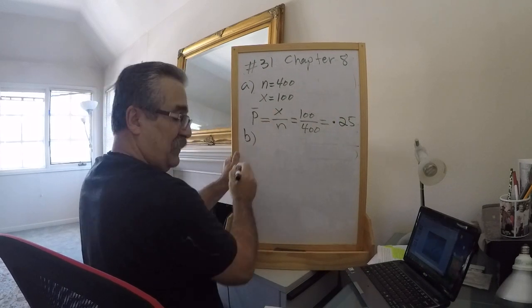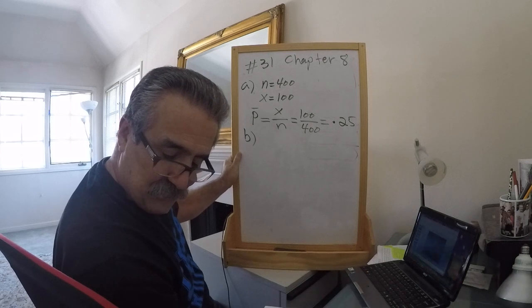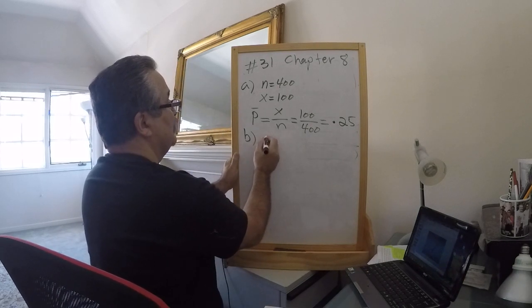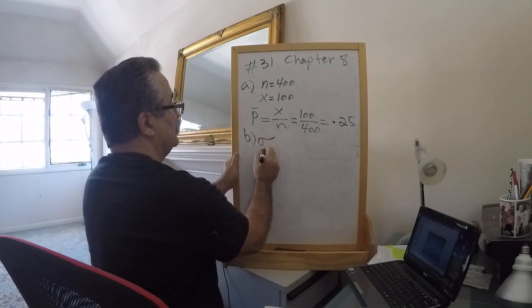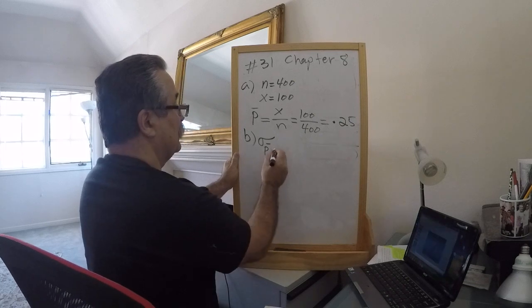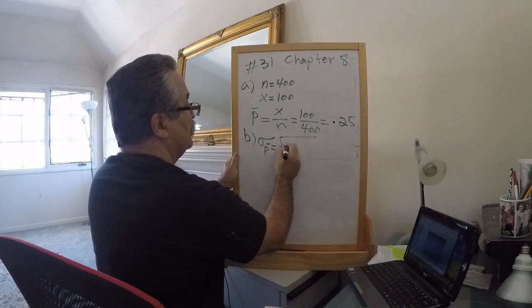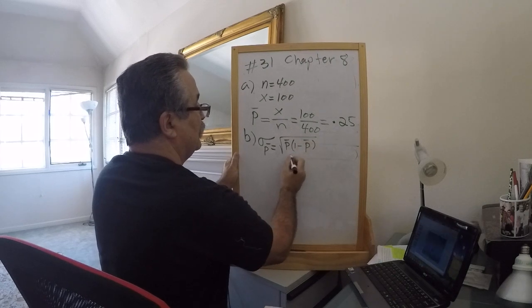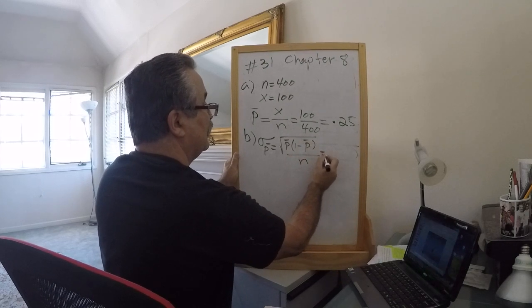For part B, what is your estimate of the standard error? Standard error is sigma sub p bar. That is equal to the square root of p bar times 1 minus p bar divided by n.